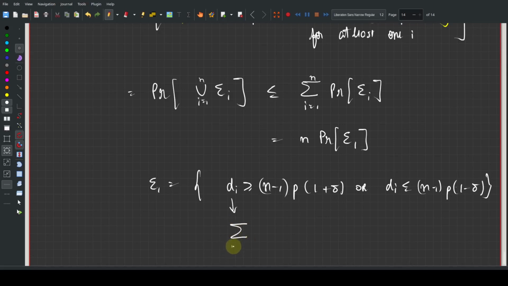If I take, let's say, d_1, this is the summation from j equal to 2 to n of indicator random variables. So it's basically a sum of Bernoulli random variables. And we already have a tail bound for sums of Bernoulli random variables. So what can I say about this?